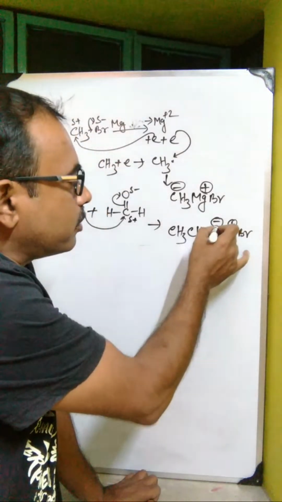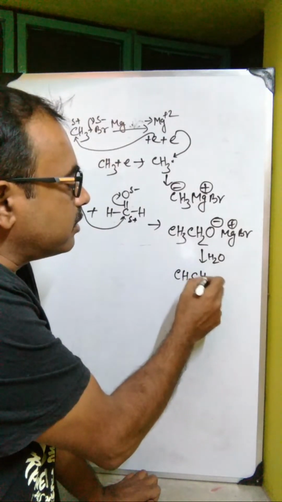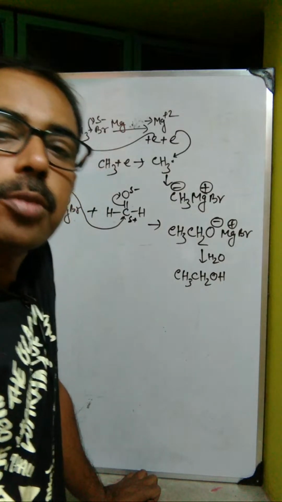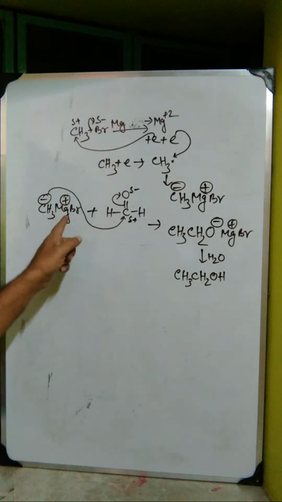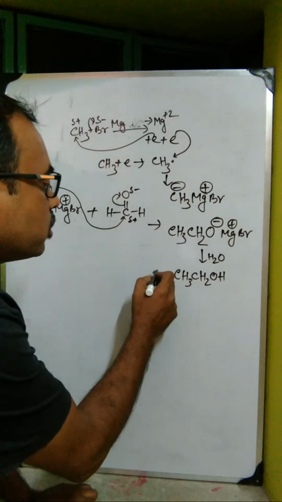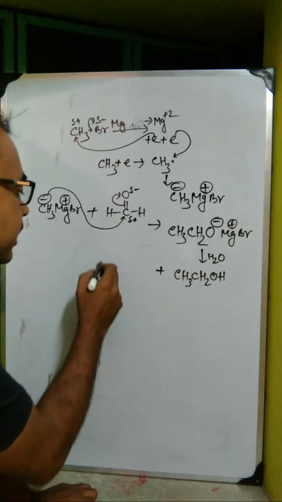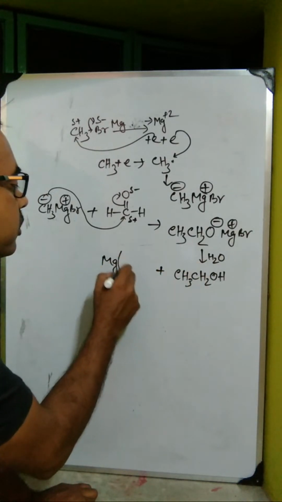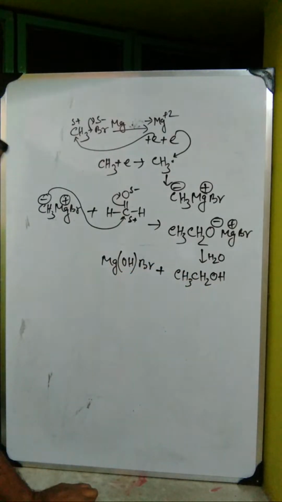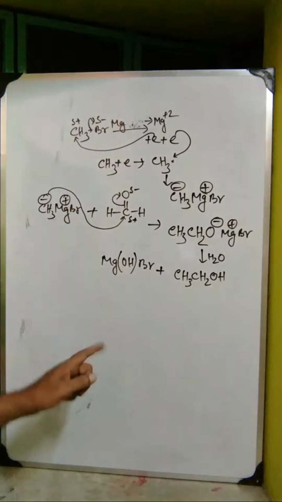H plus goes there to neutralize O minus, and the main product is CH3CH2OH. So a primary alcohol is formed when a Grignard reagent is treated with formaldehyde, and the byproduct is MgBr with OH minus, that is MgOH Br. The main product is CH3CH2OH, that is ethyl alcohol.